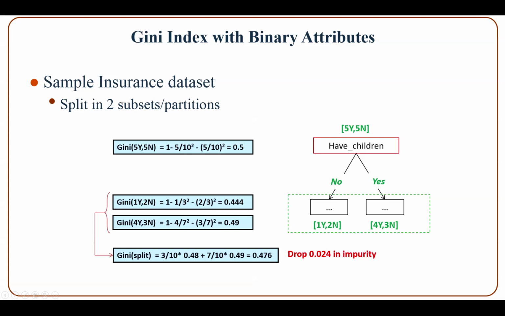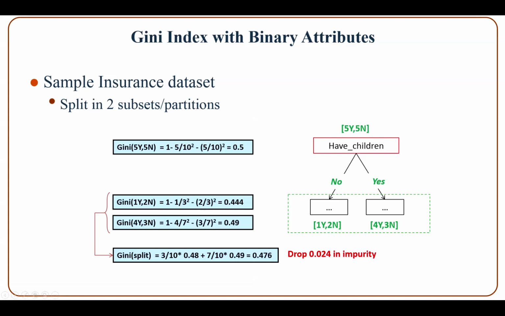Among 3 records that are sent to the node on the left, 1 record is in class yes and 2 records are in class no. And similarly, among 7 records that are sent to the node on the right, 4 records are in class yes and 3 records are in class no.